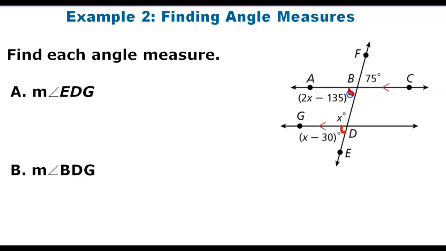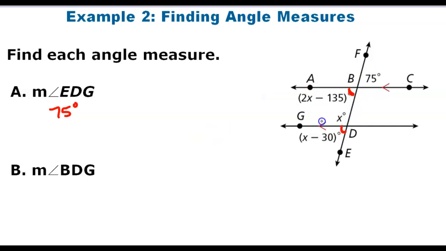If that is a 75-degree angle, this angle right here, up top here, and this angle right here, the one that we need to find, are going to be corresponding angles. So we know that this angle right here would be 75 degrees. The next one is BDG.